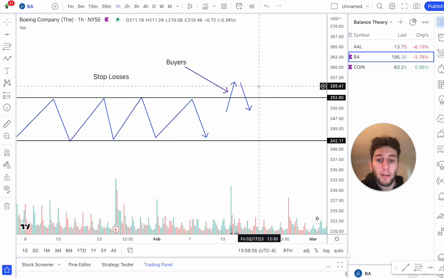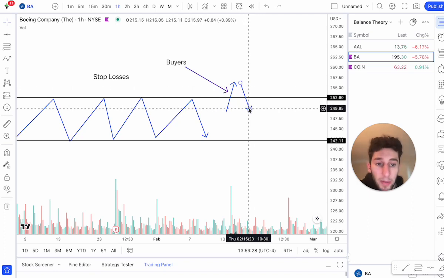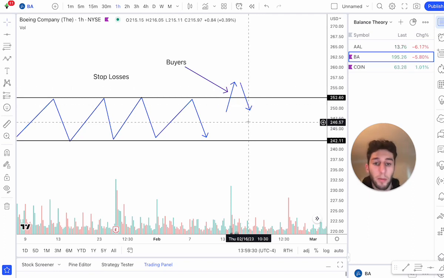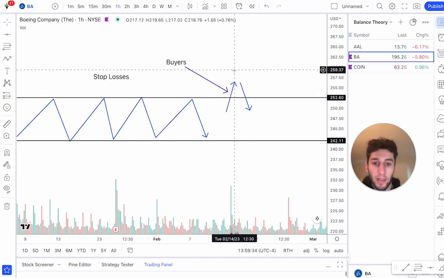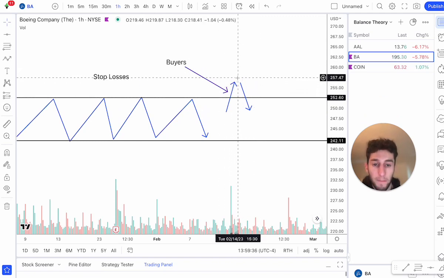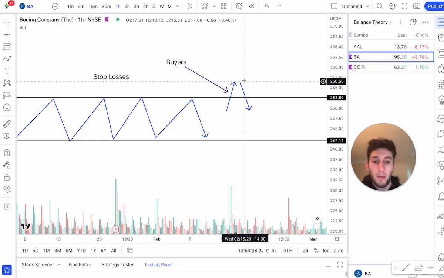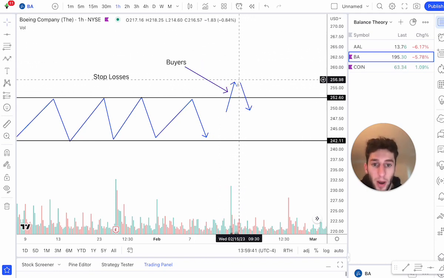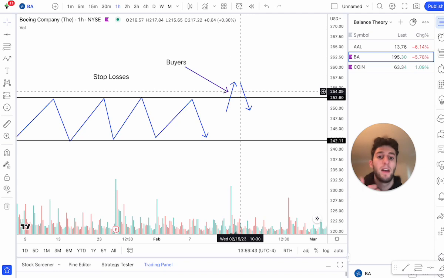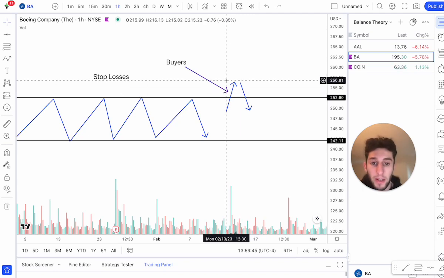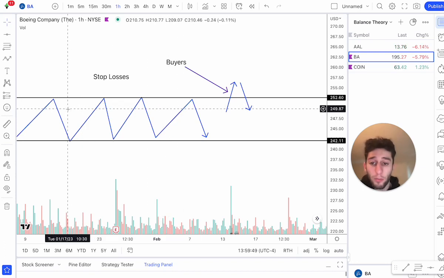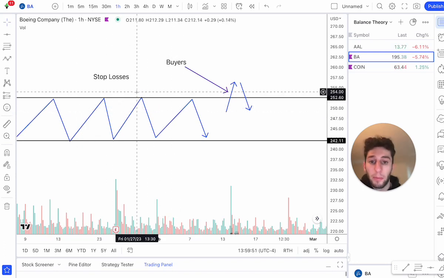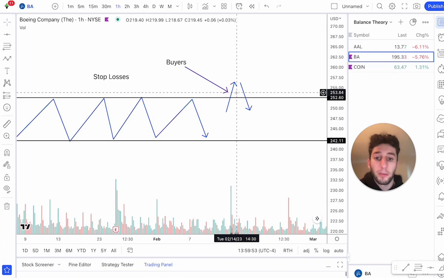The other thing is that if price comes back down immediately into this range, that means there's somebody, or multiple people, who were shorting the stock up here. Otherwise price would have kept going up. When we see a huge amount of sellers come in here, that's when we know there's institutional activity, and we see that quick move downward. All of the retail traders who are shorting here have their stops above here, and price is being pushed up.